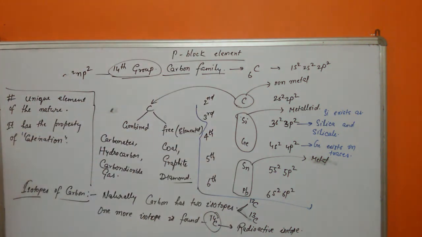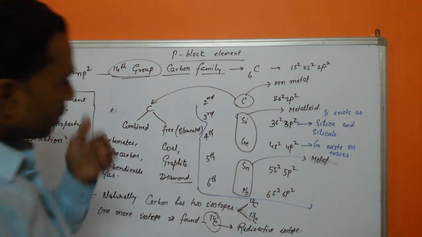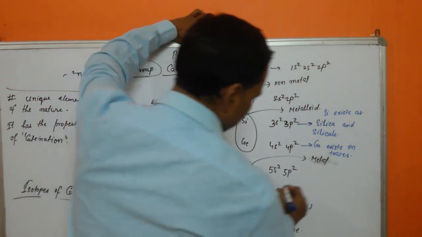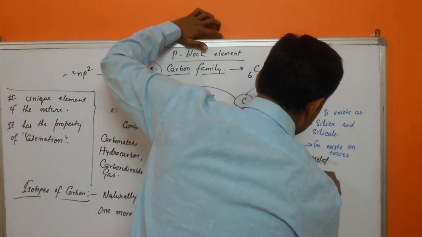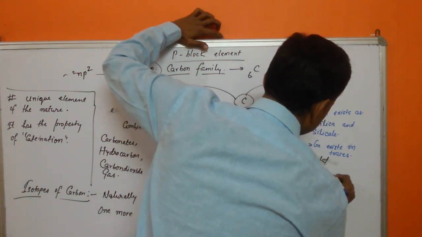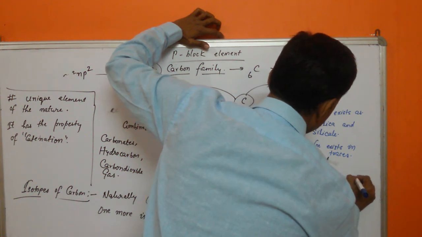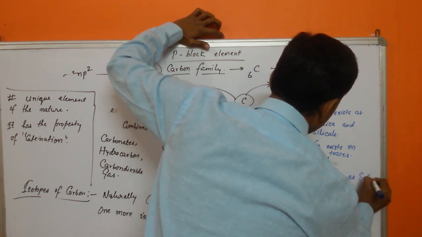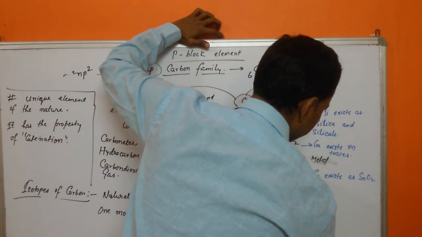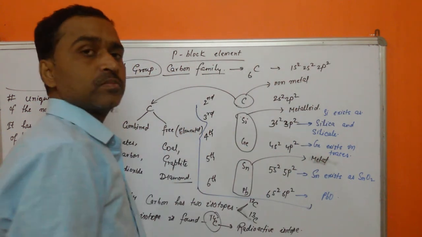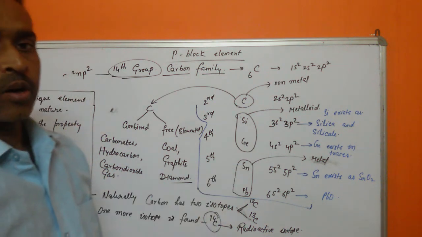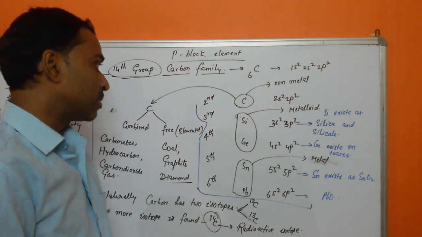Tin exists as tin oxide, SnO2, and Pb exists as PbO, lead oxide. Okay, all these points you must remember.